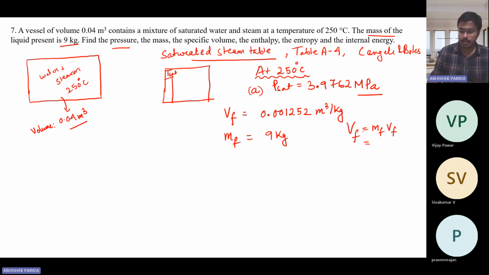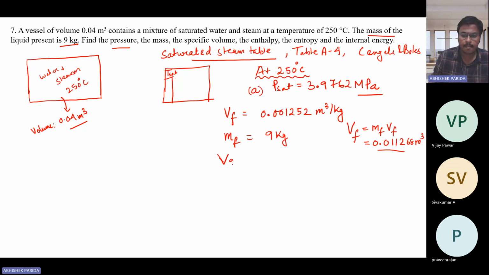So I am getting 0.011268 meter cube. Okay, so this much is acquired by the liquid. Then what is the remaining?